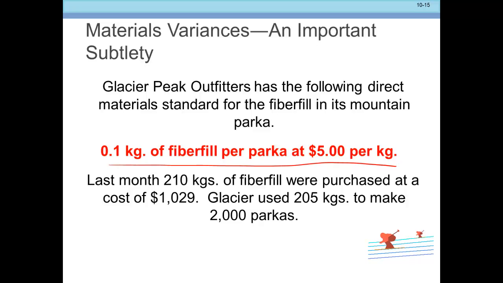But this time we purchased 210 kilograms for $1,029, but only used 205 kilograms to make the 2,000 parkas. So we would use the quantities purchased and their cost to calculate the price variance, and the quantities used and their cost to calculate the quantity variance.